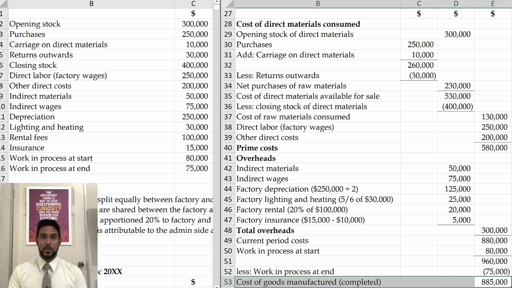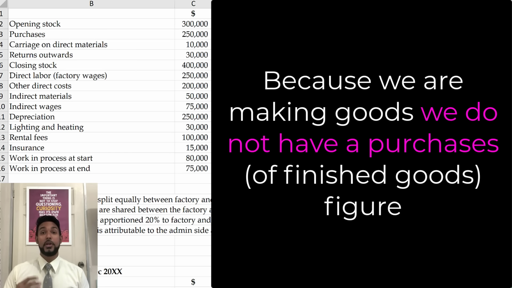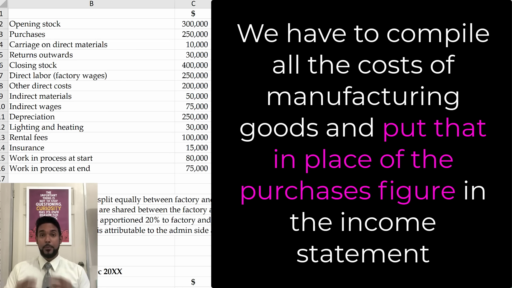So let's talk about why we subtract work in process at end. Remember, what we're doing is transferring this figure to the income statement in place of the purchases figure, because we are making goods, we don't have a purchases of finished goods figure. We have to compile all the costs of manufacturing goods and put them in place of the purchases figure in the income statement.